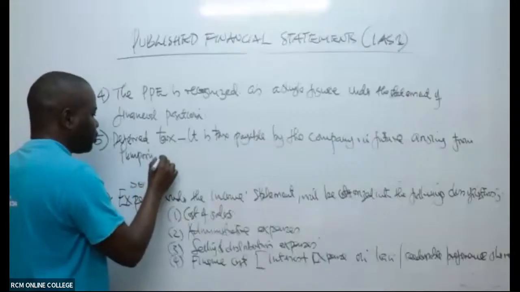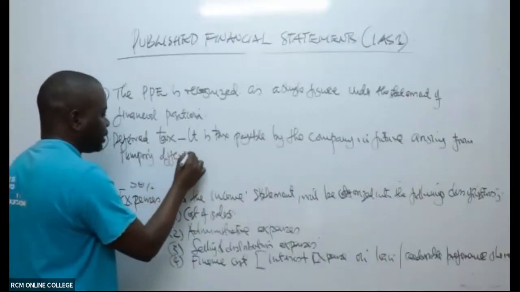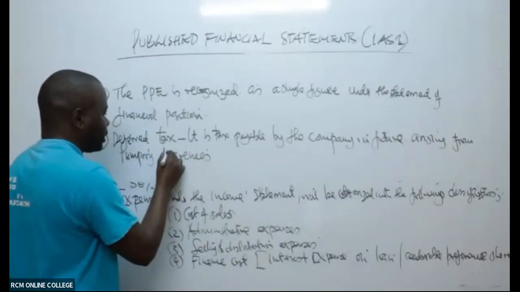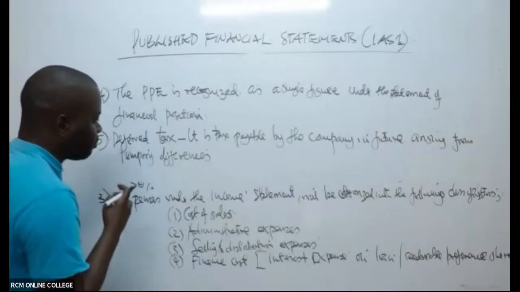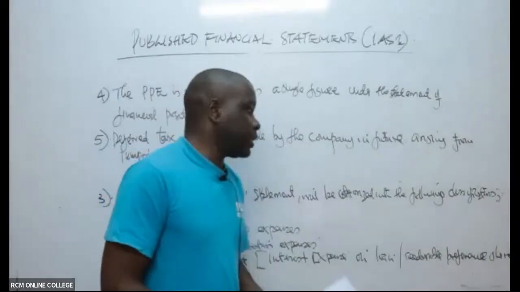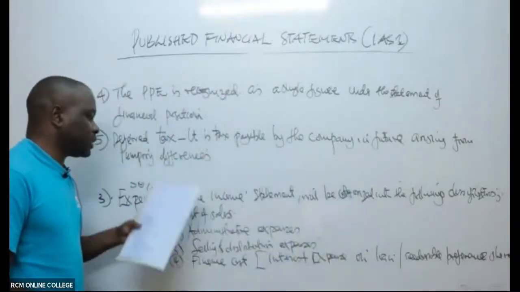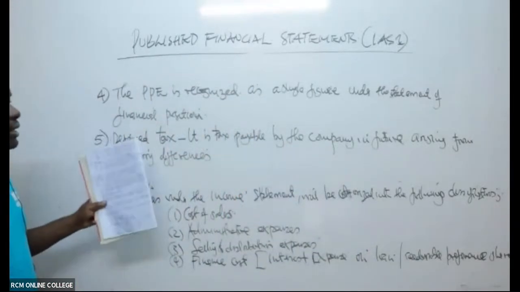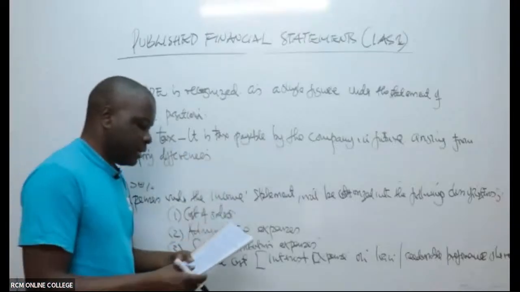I don't know if you can recall how we are coming up with the temporary differences. You need to go back to that topic and remind yourself. We take the carrying amount minus the tax base. Then to get the deferred tax, we took 30% of the temporary difference, to get the tax to be claimed in future.